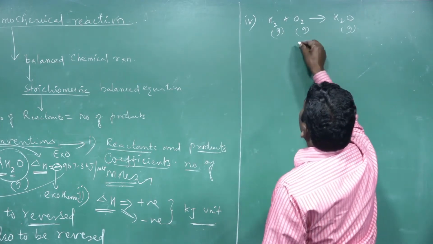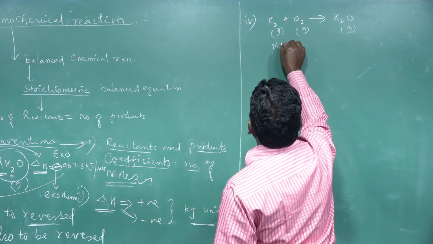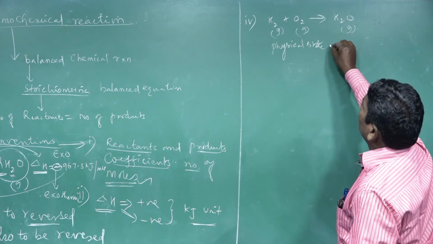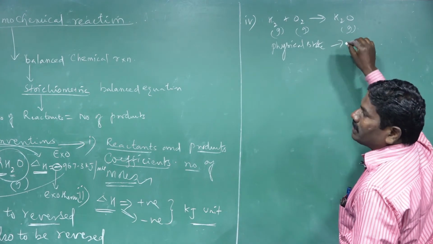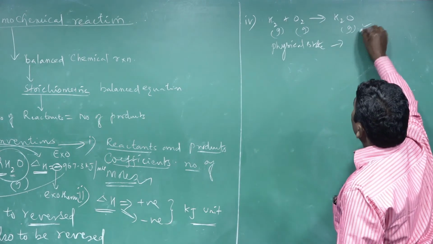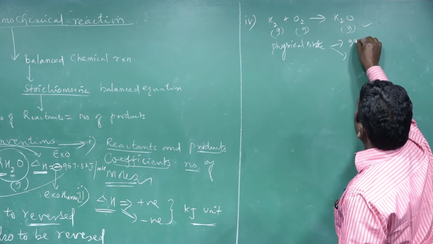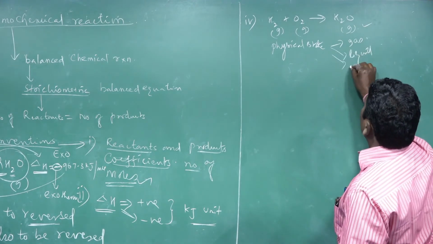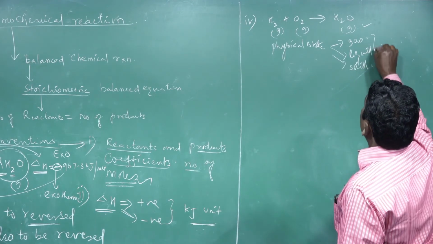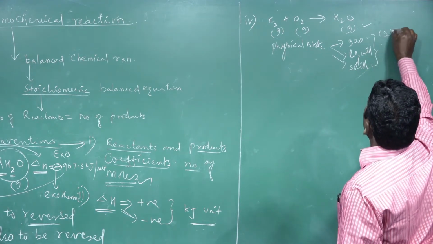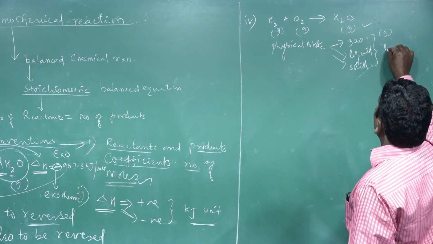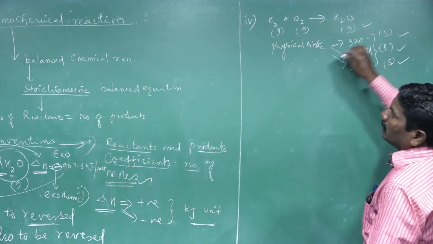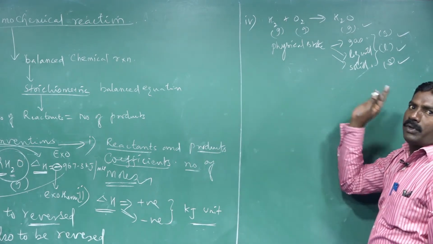The physical state means whether the substance is a gas, a liquid or a solid. While writing thermochemical equations, we write gas as (g) in brackets, liquid as (l) in brackets, and solid as (s) in brackets.